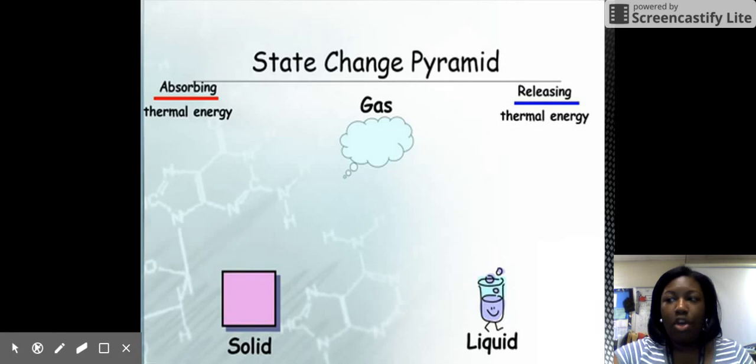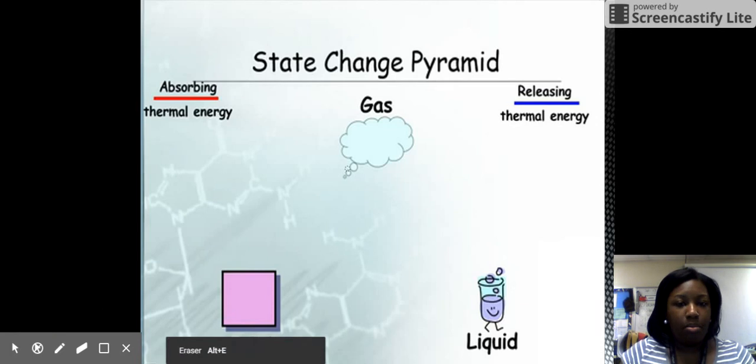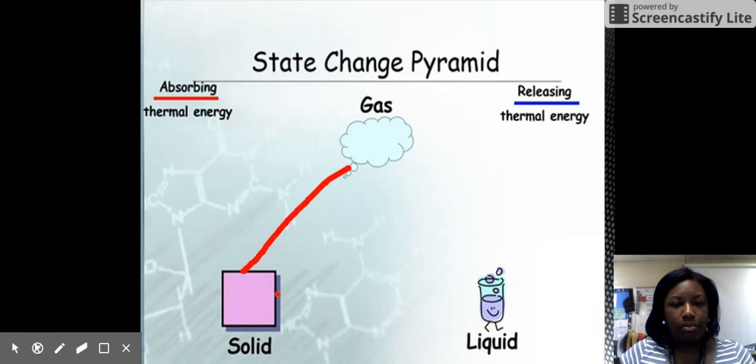In your notes, I would draw something that looks like this so you could put the correct terminology down. So I would like for you to draw a pyramid or a triangle, like so.